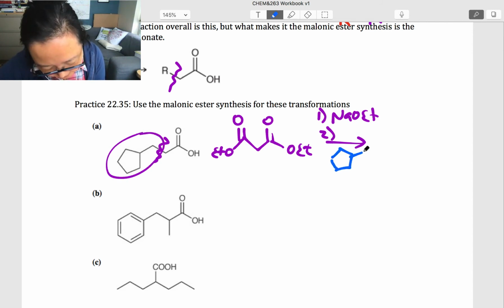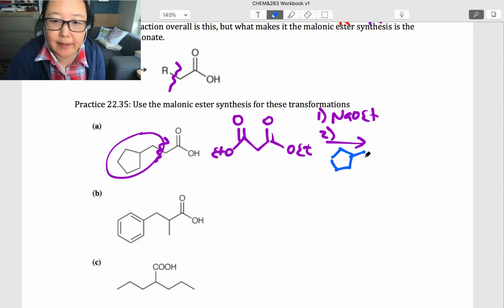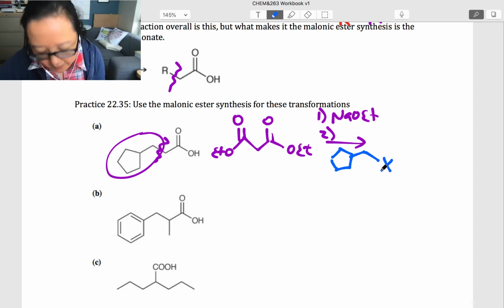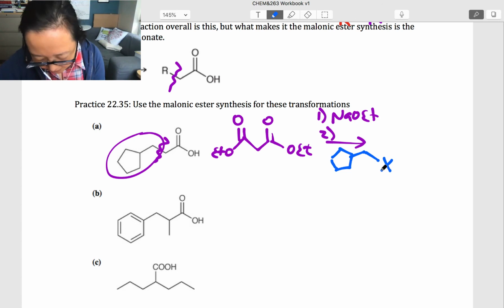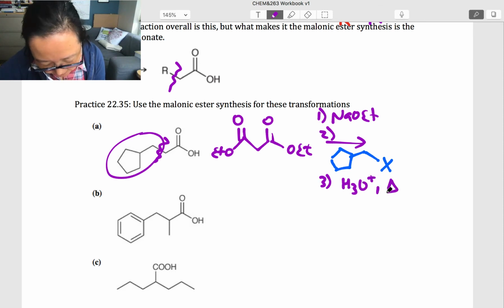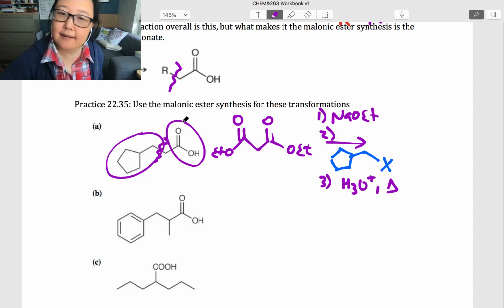But I need some kind of electrophile here for the enolate to attack. So that's where I have some kind of halogen, bromide, iodide, chloride, something like that. And then my last step, that's my only R group, so I'm done after acid and heat to get the carboxylic acid part right here. Okay, pretty simple. So use that little retrosynthetic approach: find out what pieces you need to glue together, and then step it through.